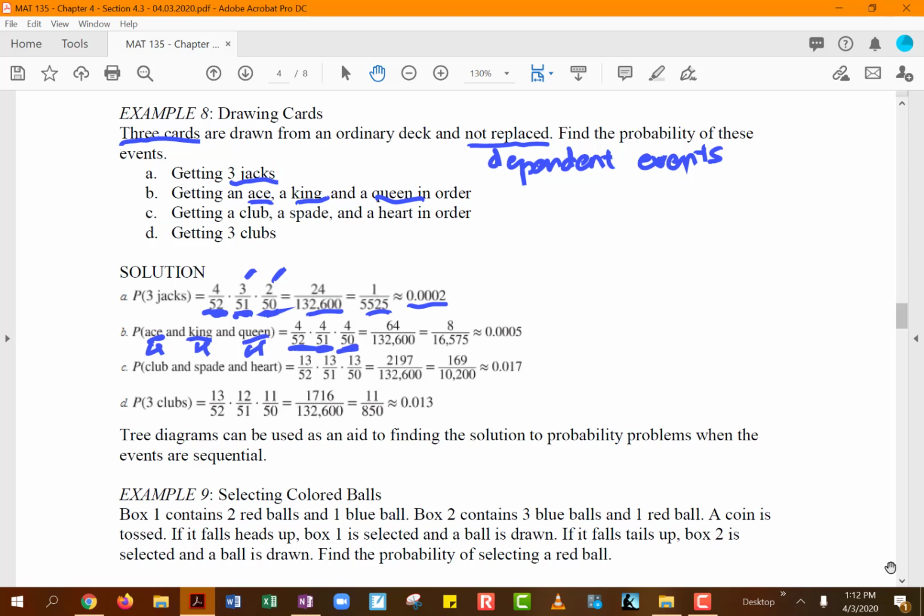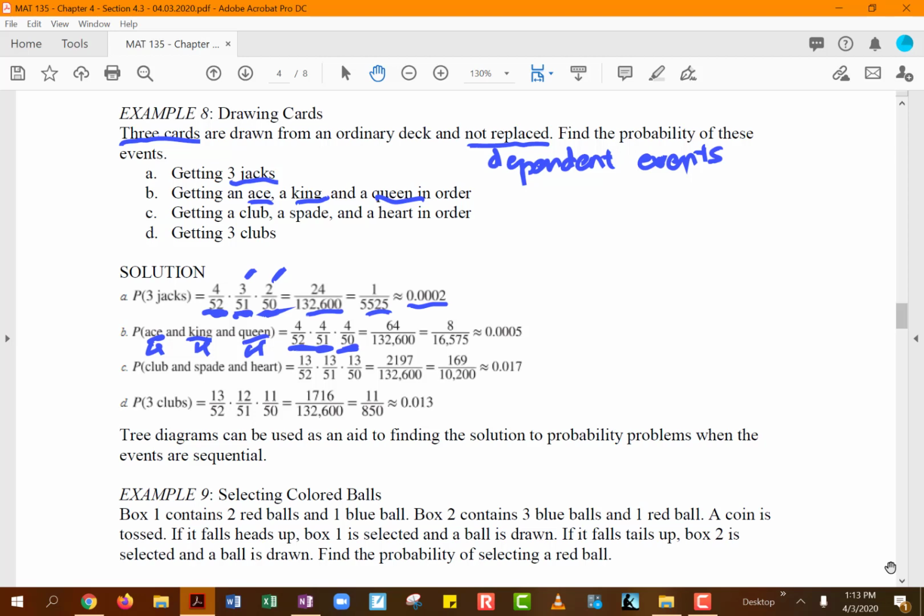So in part A, since we were looking at all jacks, if you took one jack out, you were left with 3. If you took the second jack out, you were left with 2. So that's why the numerator on part A kept decreasing. But in part B, because there are 3 different types of cards, an ace, a king, or a queen, that's why your numerators will stay the 4, but then your denominator keeps going down by 1.